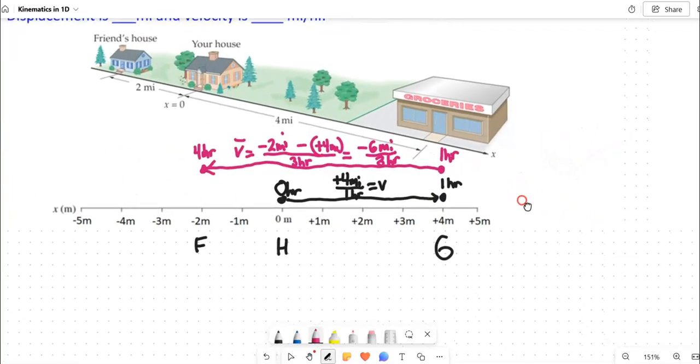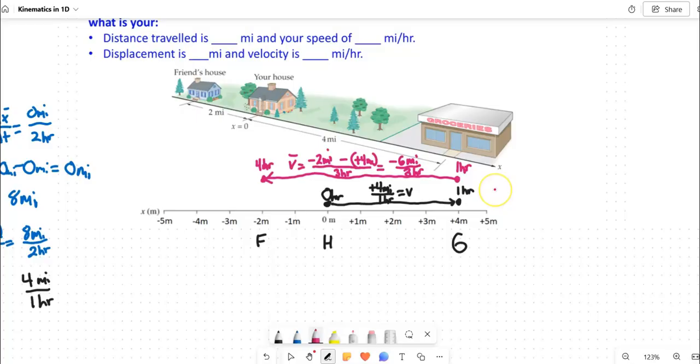So what is that saying? If you started here at the beginning of your day and ended here at the 4 hour mark, your total displacement for that day is -2 miles over the period of 4 hours.